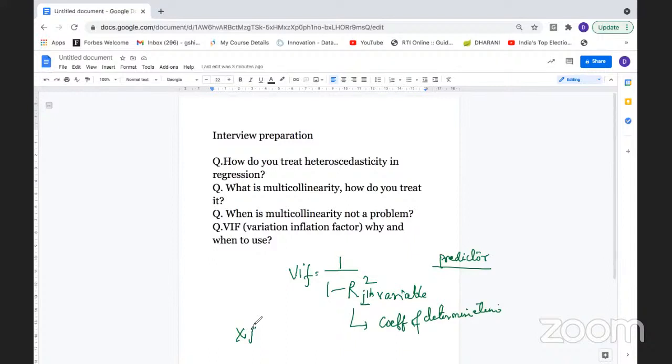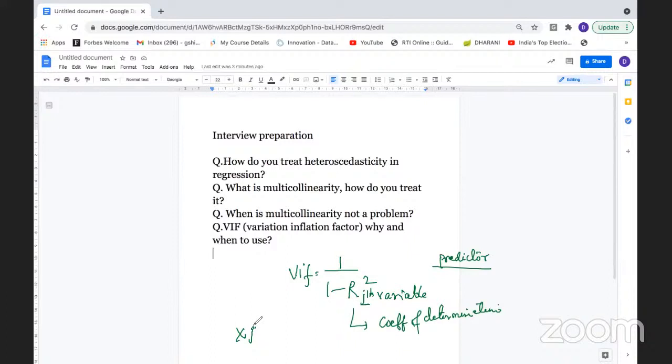If your value is greater than 10, a few textbooks even say 5 or 7, but if it crosses that 10 value, then there is a problem with multicollinearity. Suppose this VIF is equal to 5 or 10.